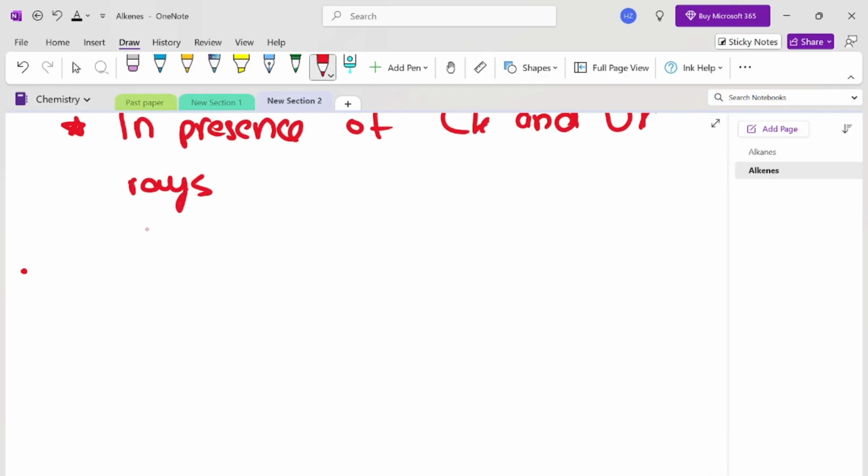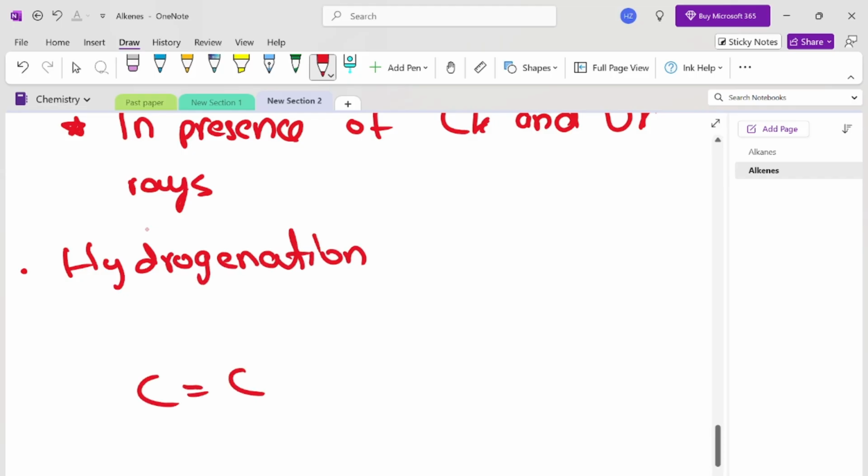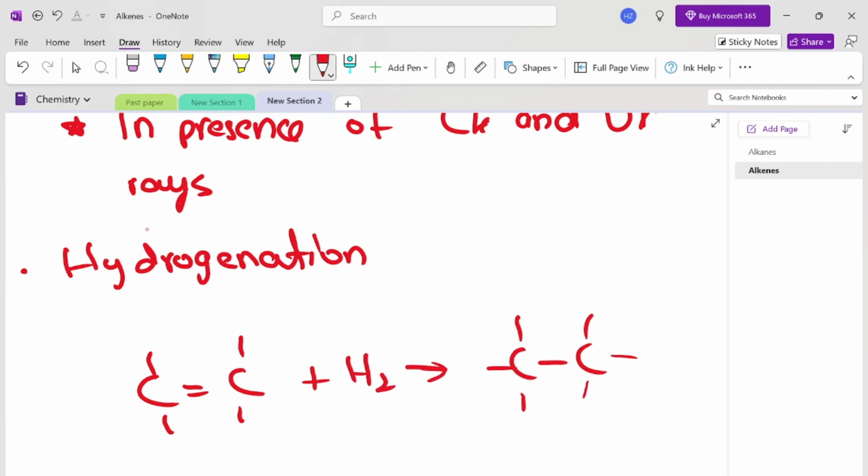Moving on further, hydrogenation, or you can call this a reduction reaction. Again, what happens is the C double bond right here, you add hydrogen to it and it forms one, two, three, four, five. Yeah, it forms an alkane. So an alkene to alkane happens when hydrogenation takes place.